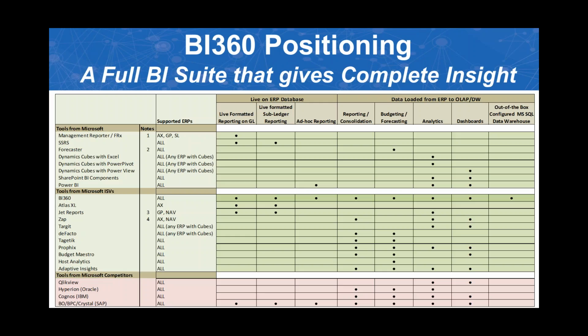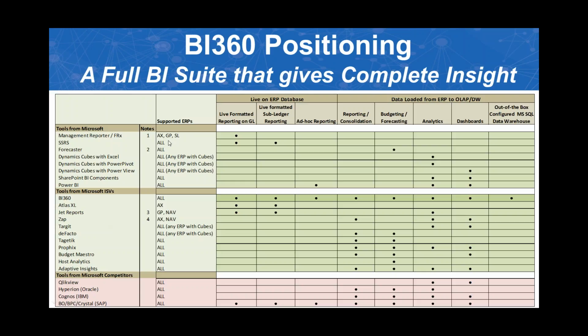And so, there are a lot of choices that a customer has when it comes to business intelligence. I'm not going to go through each and every little dot that you see here on the screen, but I do want to make mention that there are tools from Microsoft, tools from other independent software vendors, and tools from Microsoft competitors.